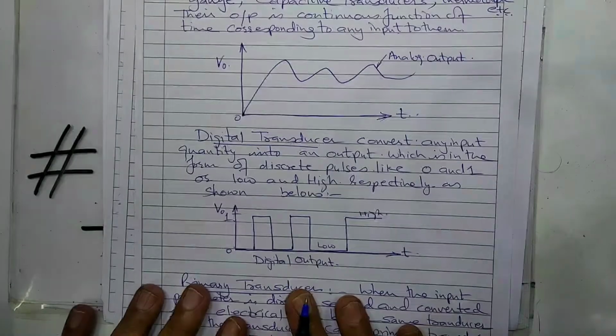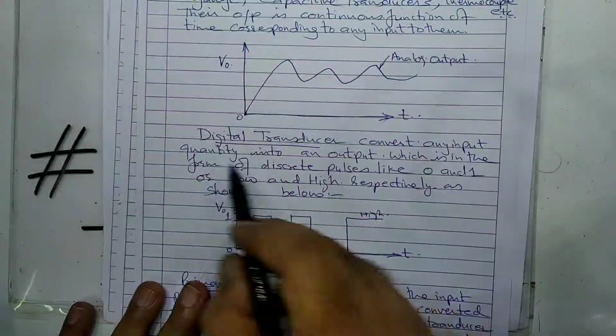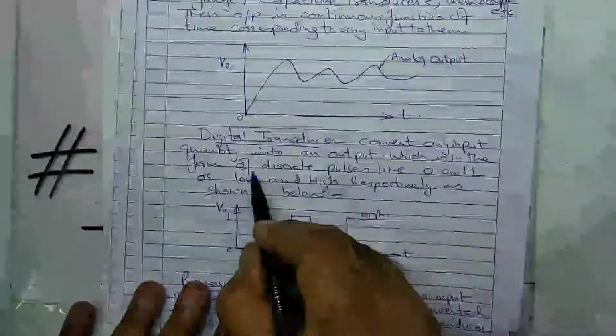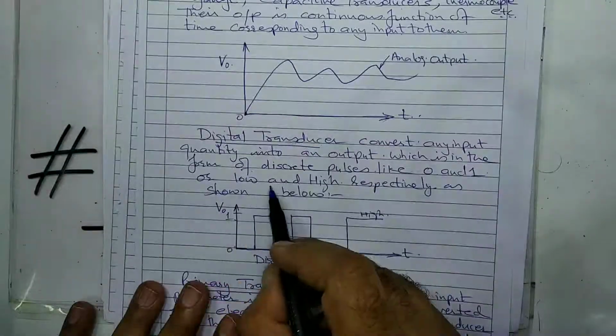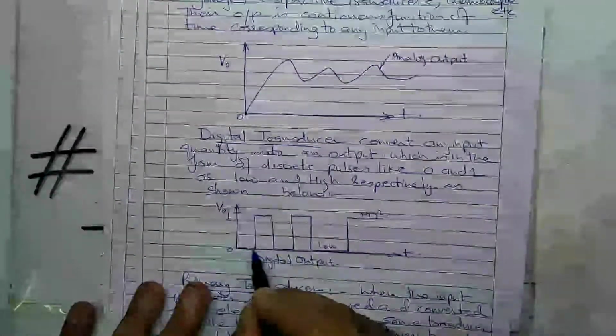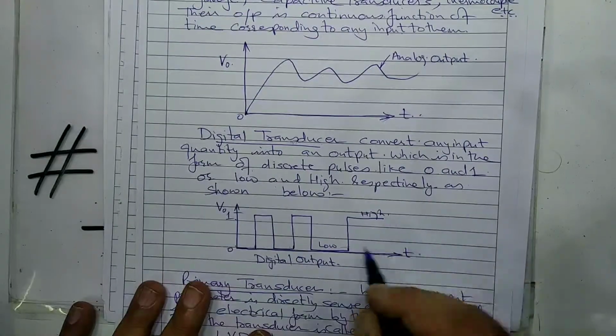Digital transducer. Now next is digital. Digital transducer converts any input quantity into an output which is in the form of discrete pulses like 0 and 1 or low and high respectively, as shown in the figure. So this is low, this is high, low, high, low, high, and so on.